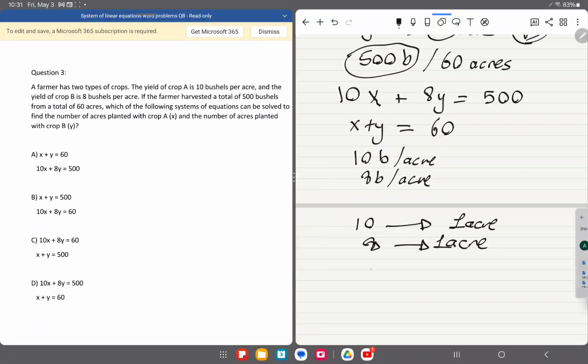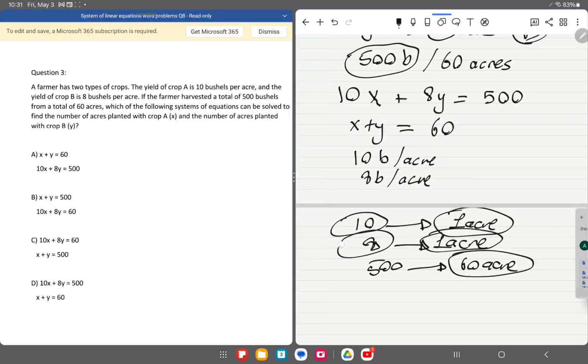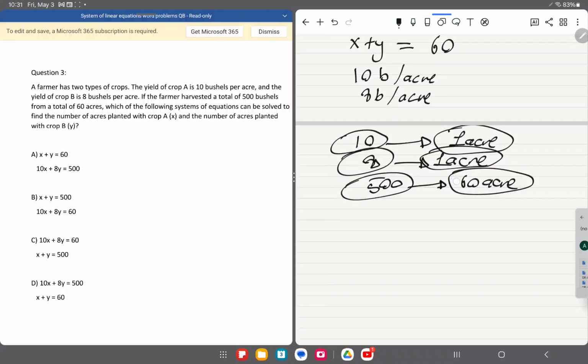So 1 acre, 60 acres. If you want to look at acres, this is 1x, 1y gives you 60. This is 10x, 8y gives you 500. So you can look at it this way.